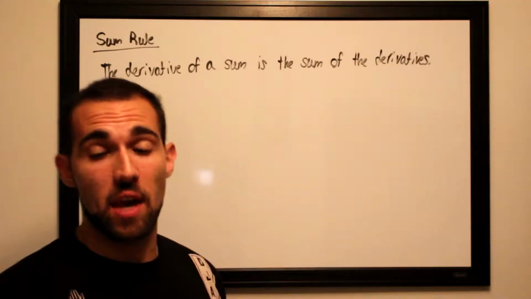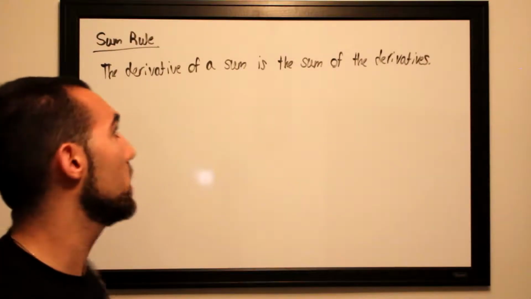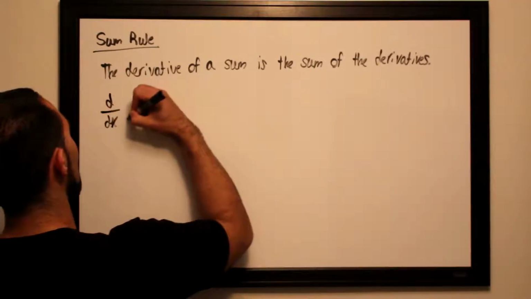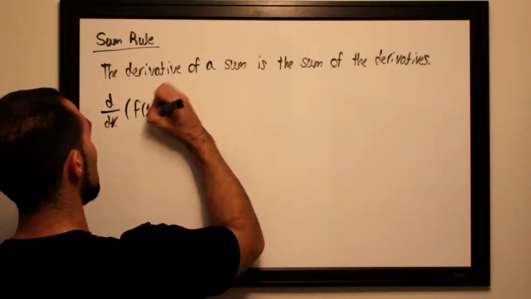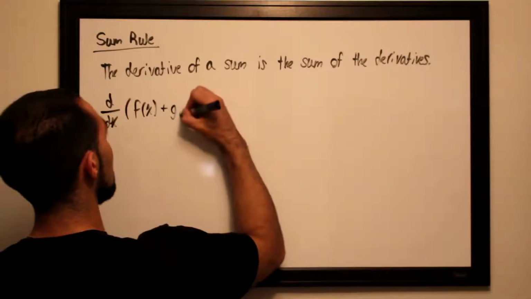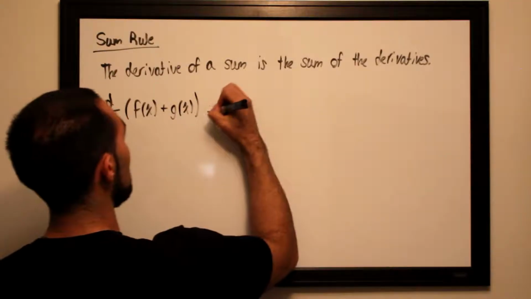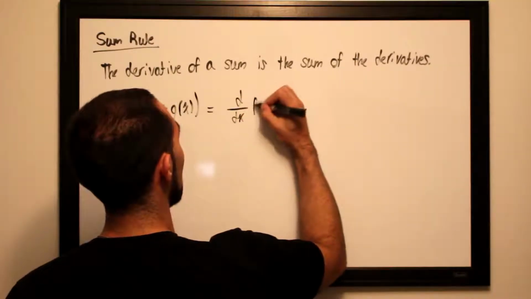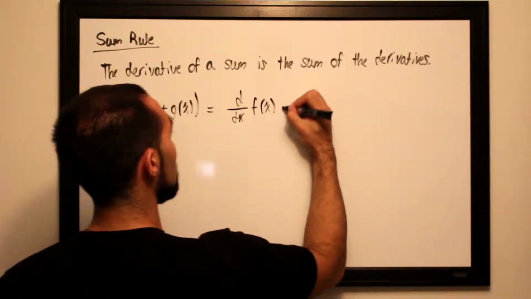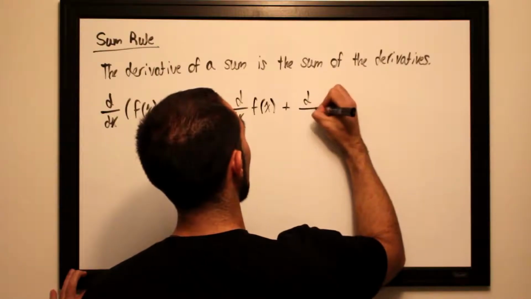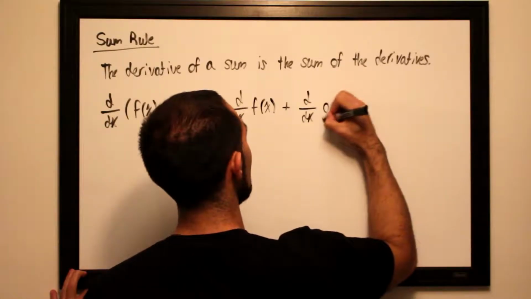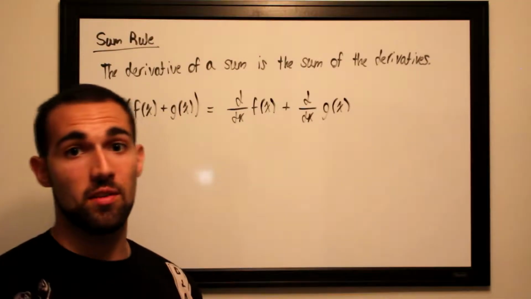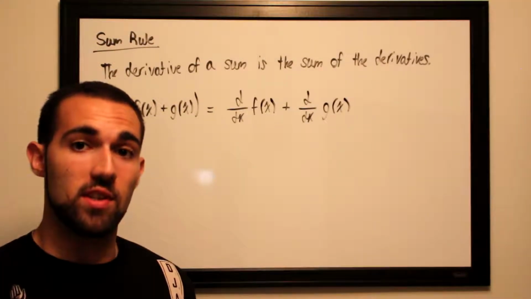If we wanted to write this down in formula speak, it would be denoted as d by dx of f of x plus g of x would be d by dx of f of x plus d by dx of g of x. Essentially what it's saying is the derivative of the sum is the sum of the derivatives.